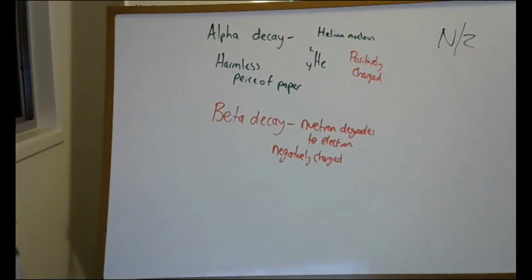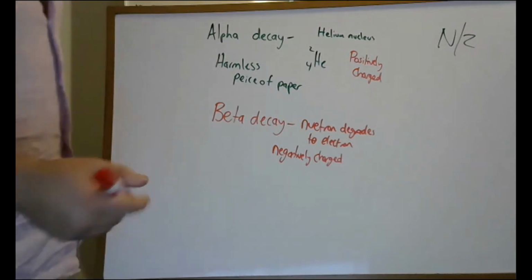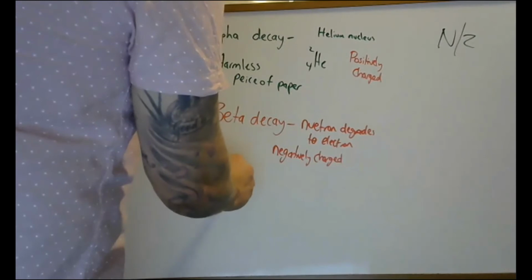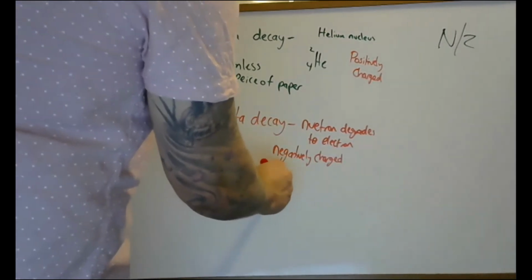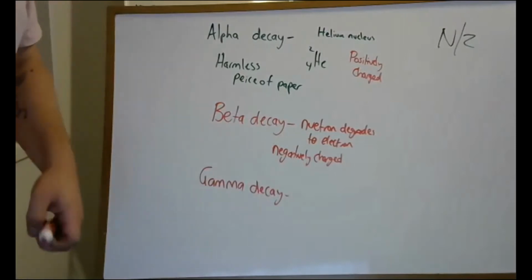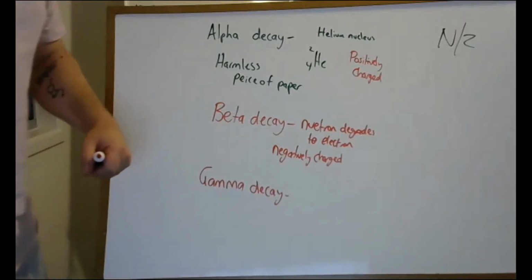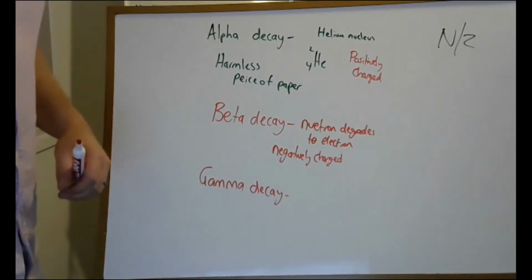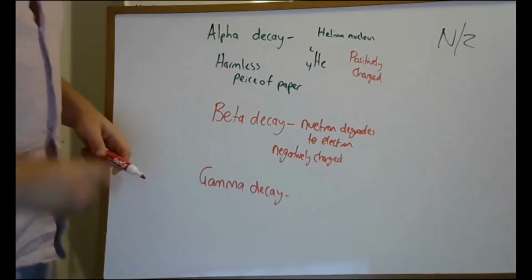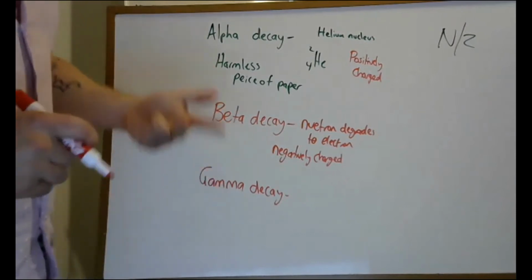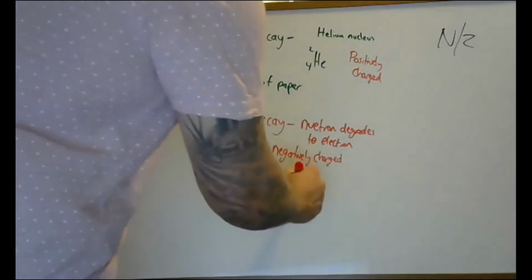The last one is what we call gamma decay. Now this is the one that kills. Gamma decay does not have mass, it does not have charge, it is just pure energy.